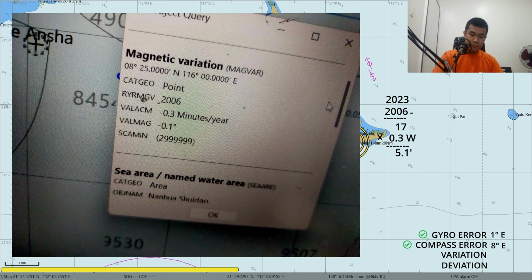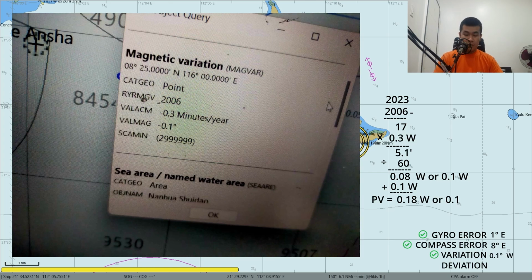Now, 5.1 minutes divided by 60 is equal to 0.08 degrees. Now we need to add the variation corrector, which is 0.1. So 0.1 west plus 0.08 is equal to 0.18 degrees west.